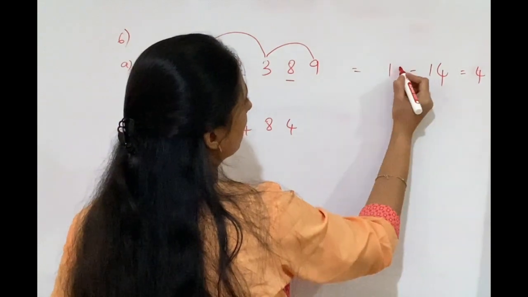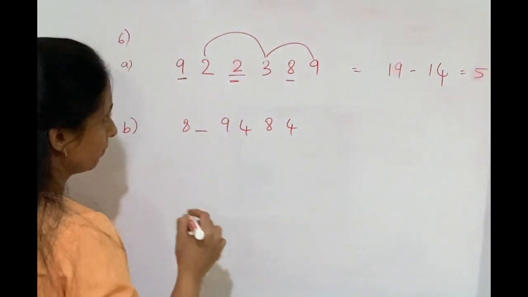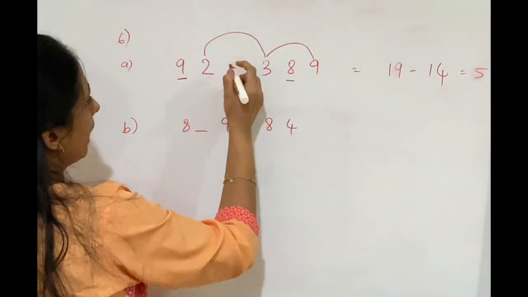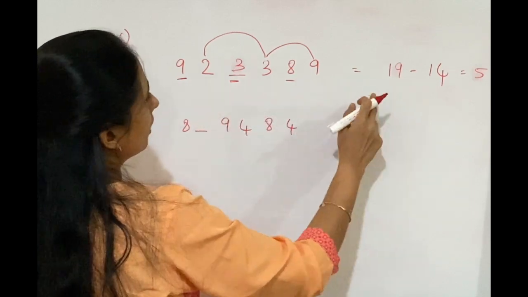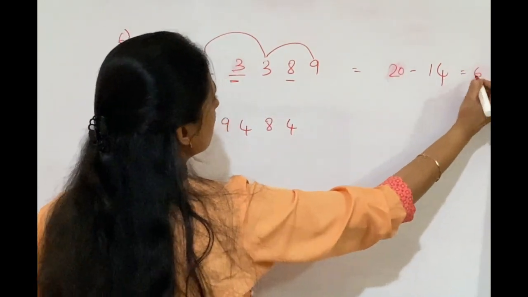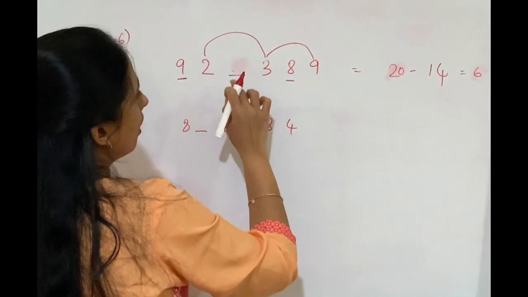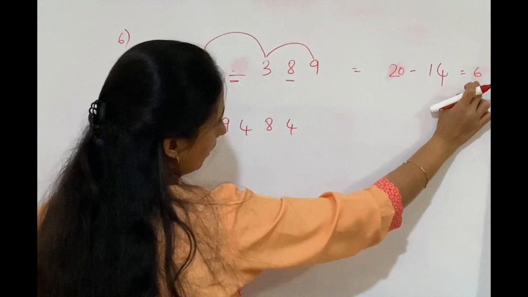So 19 minus 14 is 5. Right? So still no. So can I add 3? So we just have to keep checking like this. Okay. If we add 3, then it becomes 20. This becomes 6.